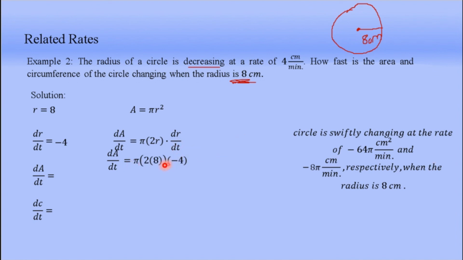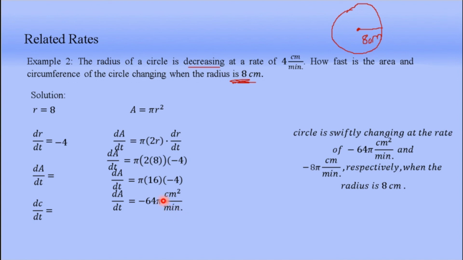And so we multiply: 2 times 8 is 16, and now we multiply 16 times negative 4, so that is going to be negative 64 pi. And so the derivative of the area with respect to time is negative 64 pi centimeters squared per minute.